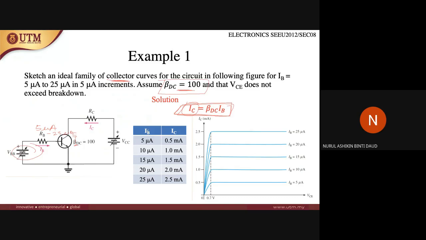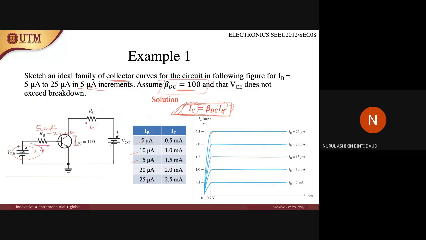Since this is a 5 microamp increment, start with 5 microamps and then 10, 15, 20, 25 microamps. For each value, you can use this formula to find IC and then plot it here.